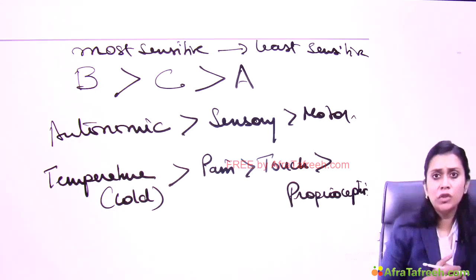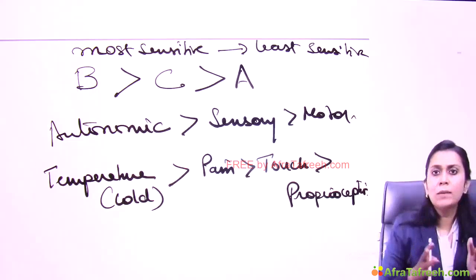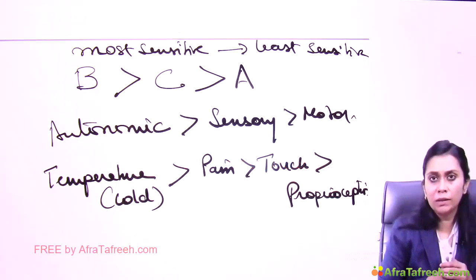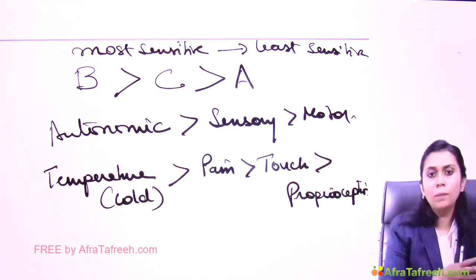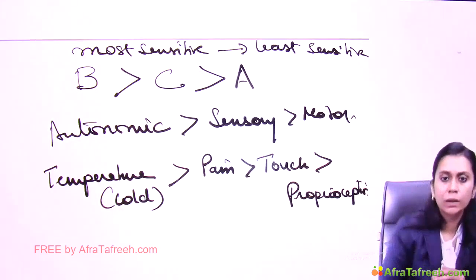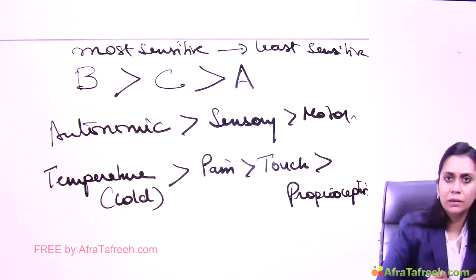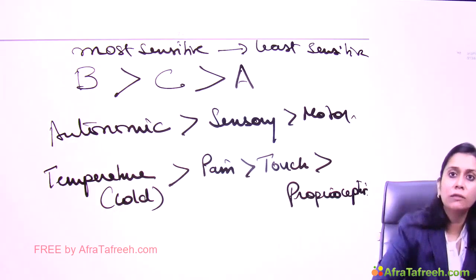This question was asked in GPMR: when the nerve fibers are recovering from the effect of local anesthetic, what is the sequence? Opposite to the sequence in which they are getting blocked. Now, A fibers are least sensitive. So, when the concentration of local anesthetic starts decreasing, the A fibers recover fastest.